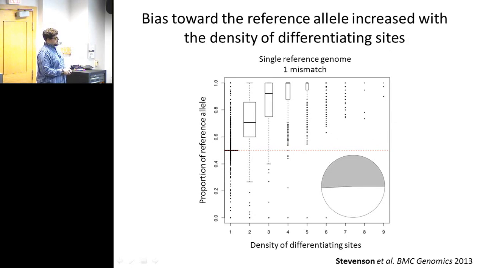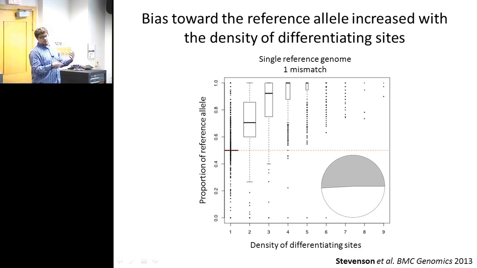A density of 1 indicates an isolated differentiating site, one that has no neighbors within the length of the sequence read. And if anyone's interested, the length of sequence read here was 36. What you immediately see is that as this density of differentiating sites increases, so does the bias toward calling a higher proportion of the reference allele than was simulated.